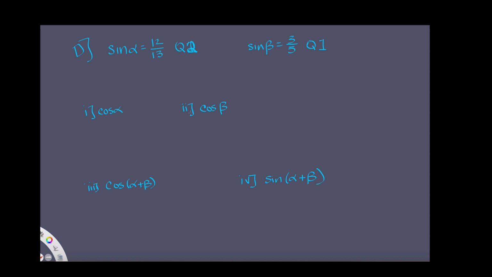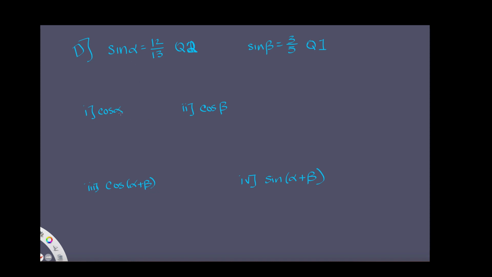Cosine of alpha and cosine of beta are actually things you've already done. If we think back to when we started unit circle trig, I would have given you the sine of an angle, and told you the quadrant it's in, or given you some information so you could figure out the quadrant. Then I might have asked you to find the cosine of that angle.